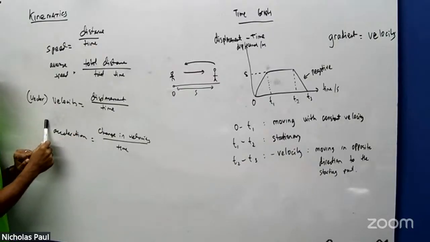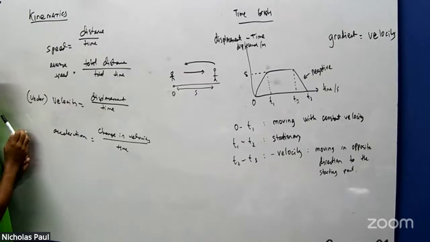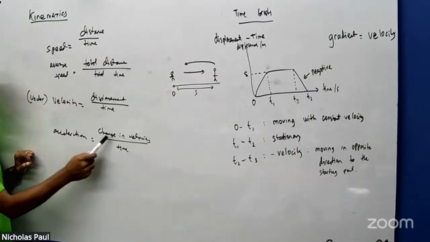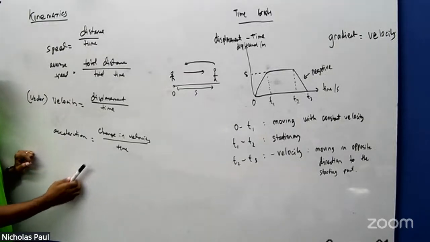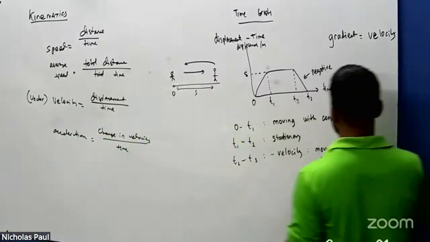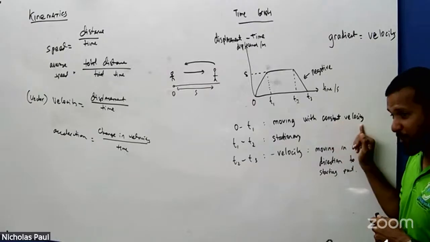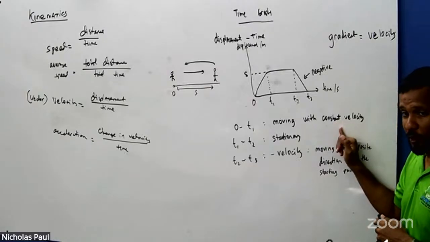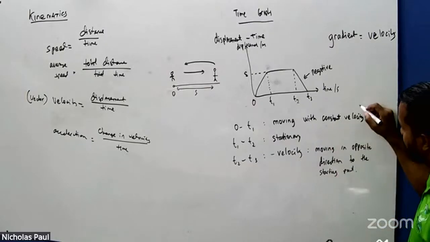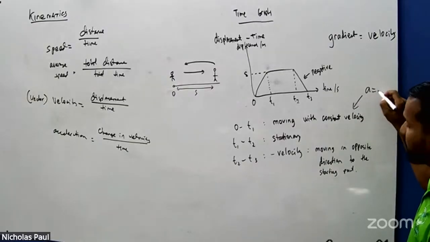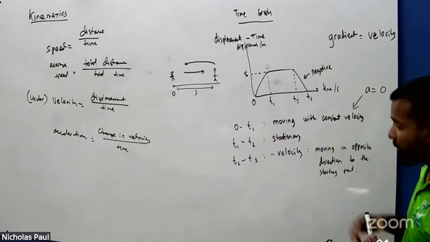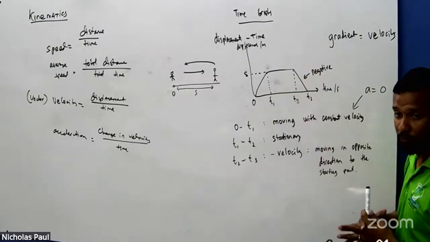Speed is a scalar quantity. Acceleration is the change in velocity with respect to time. Here we're moving with a constant velocity, so is the velocity changing? No. If your velocity is not changing, you have no acceleration. The acceleration in this journey is 0.